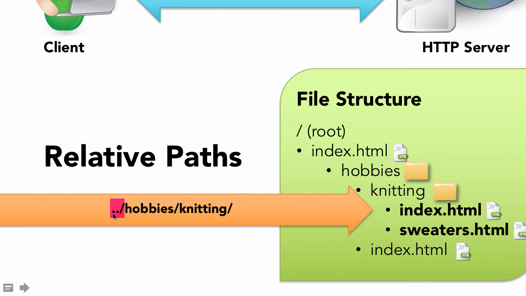What that tells our web server is, we're already in hobbies, so we need to go up a directory level, which is going to bring us to the root. And then it says, okay, now go back down to hobbies, go down to knitting, and because this is implying that there's a default file here, then it's going to go from knitting to index.html. So that's one way that this works for a relative path.